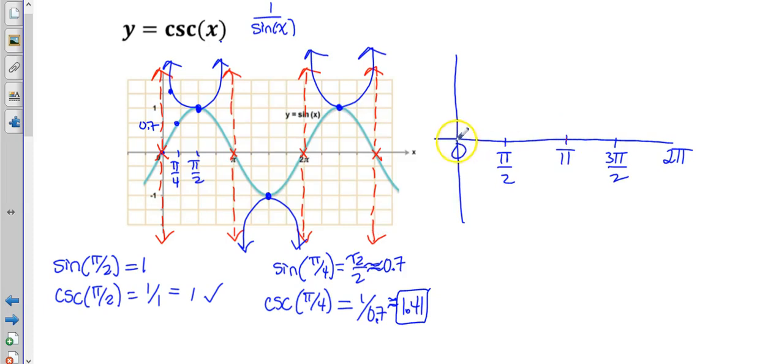If I were to ask you to draw sine right now, don't do it because we're not going to, but if I did ask you to, you would start at 0. Well, cosecant, anywhere where sine was 0, cosecant has an asymptote. So I know that this is going to be an asymptote. So let's start here, come up here, that's okay. But then I would come back down to 0, no good. The 0 that used to be at pi is now an asymptote. I would come down low, that's fine, and then I'd come back to 0, no good, that's an asymptote.